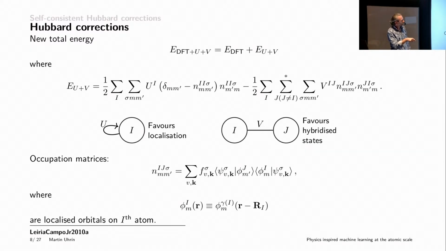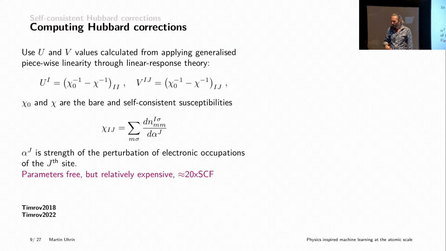For those of you that worked with these plane wave codes, you have your plane wave states that you project onto some localized orbitals, also spherical harmonics, to figure out how many electrons are sitting in the d shell. And these spherical harmonics are centered on each of the atoms. Then we can do a so-called linear response calculation.